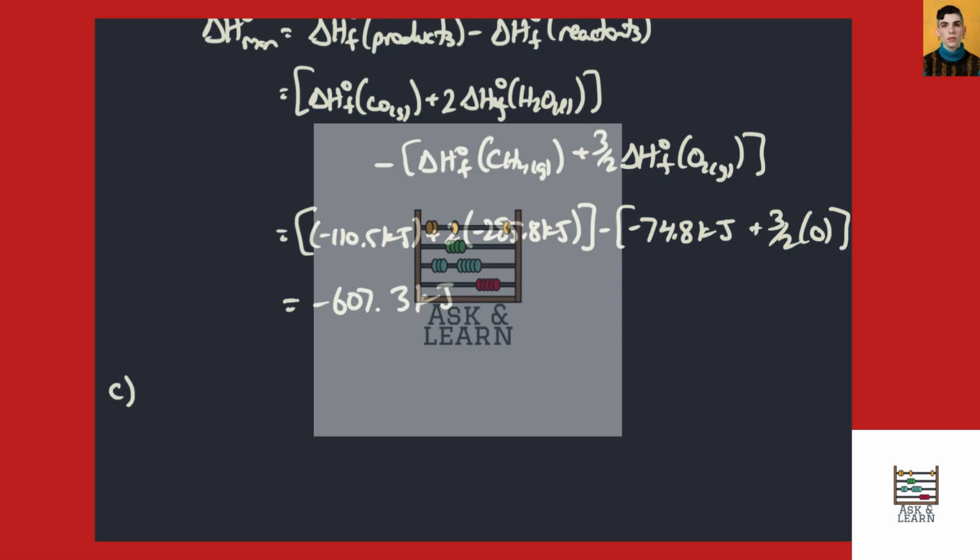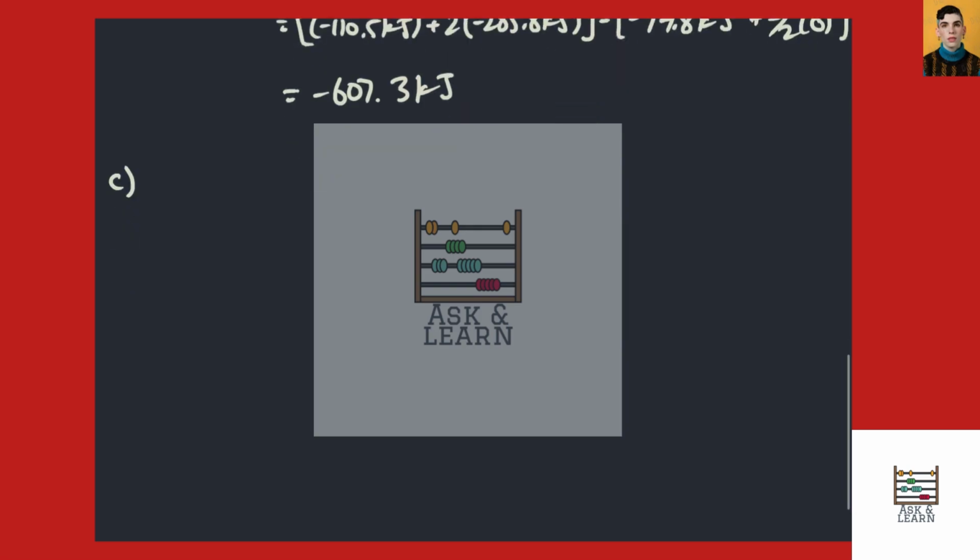Part C asks why, when the oxygen supply is adequate, is CO2 the predominant carbon-containing product.